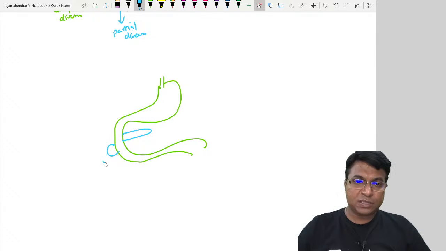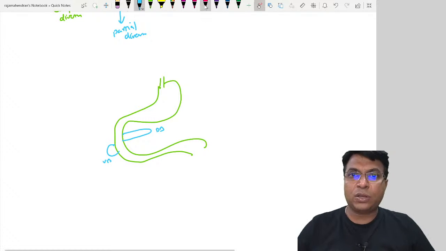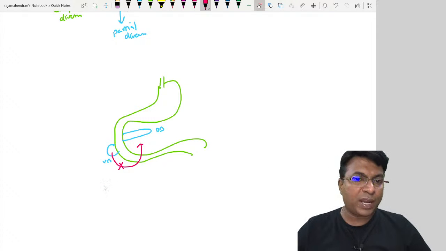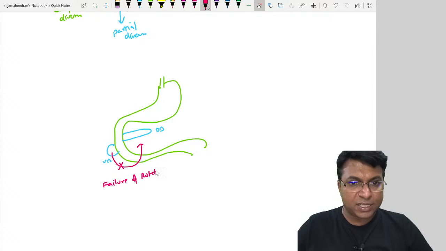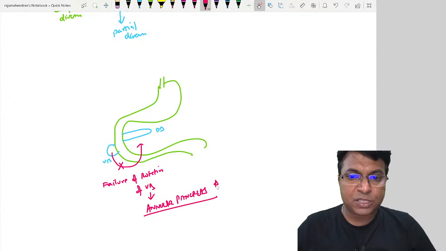Usually, according to embryology, this ventral bud will rotate and come here. If it fails to rotate, that's the pathology. Failure of rotation of the ventral bud results in annular pancreas. Please don't forget this point.